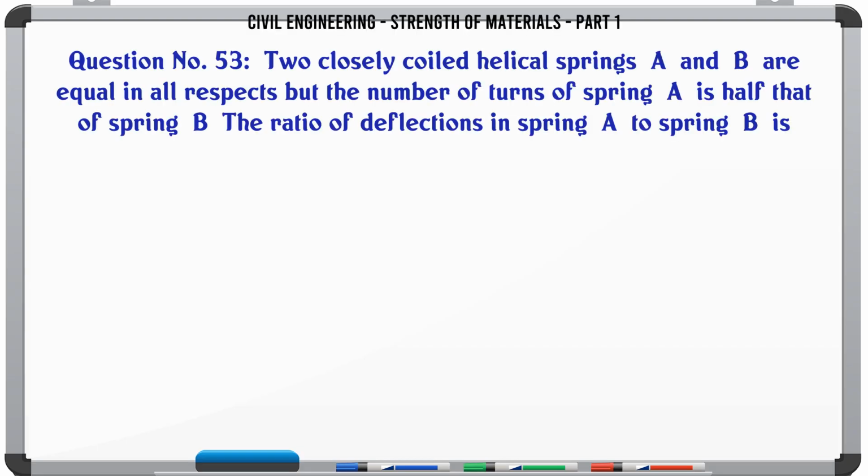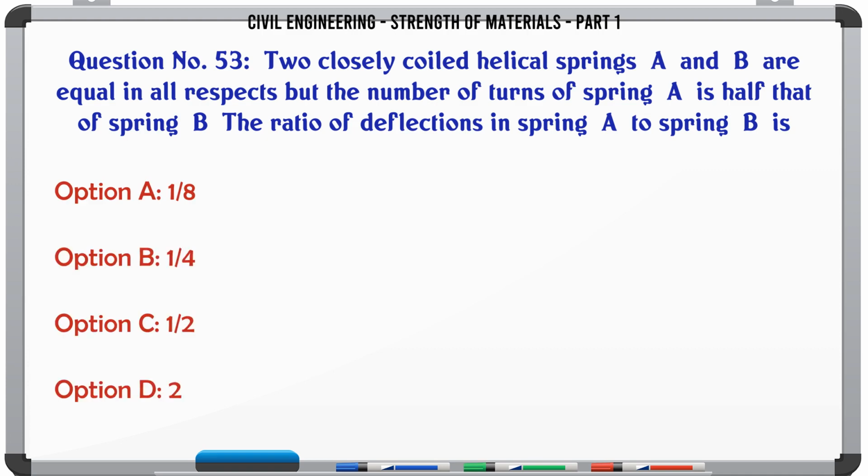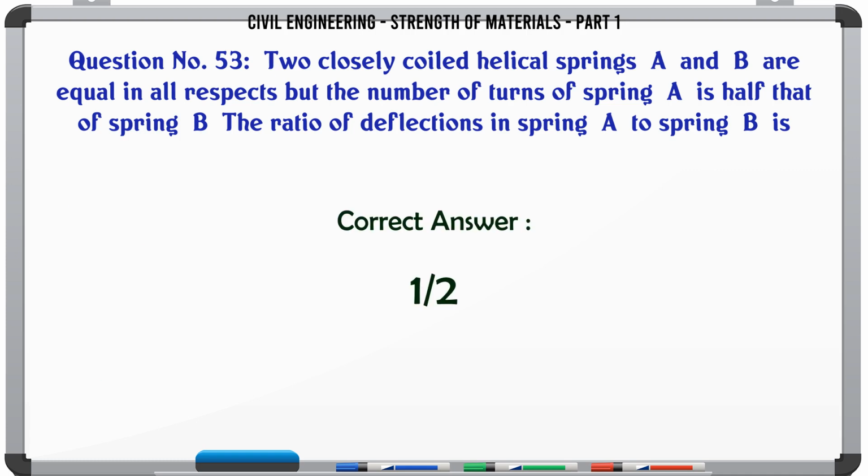Two closely coiled helical springs A and B are equal in all respects, but the number of turns of spring A is half that of spring B. The ratio of deflections in spring A to spring B is: A. 1/8, B. a quarter, C. a half, D. 2. The correct answer is a half.